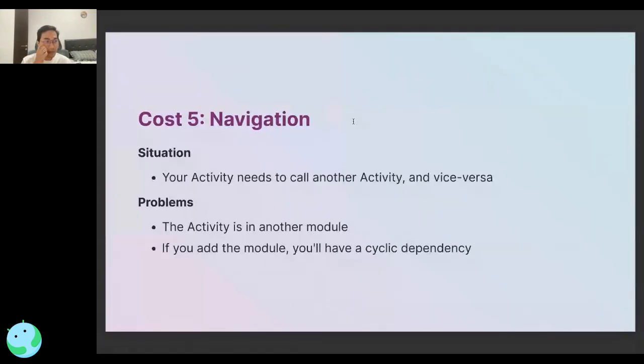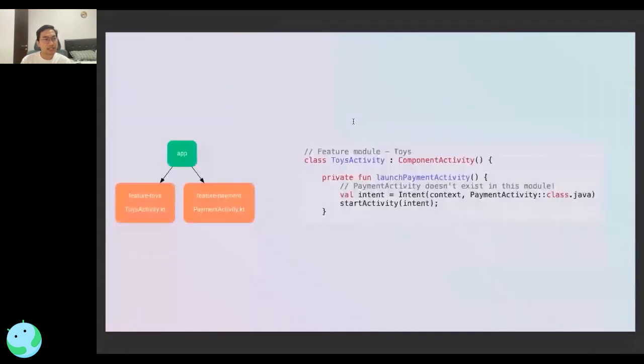Also, if you still remember our graph rule, the feature module cannot talk to another feature module. In this code, toys activity needs to call the payment activity, but payment activity does not exist in this module. Toys module cannot declare the payment module as a dependency, since we have enforced this by using the plugin in the cost number 2.